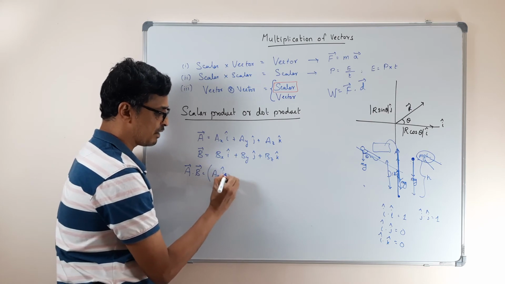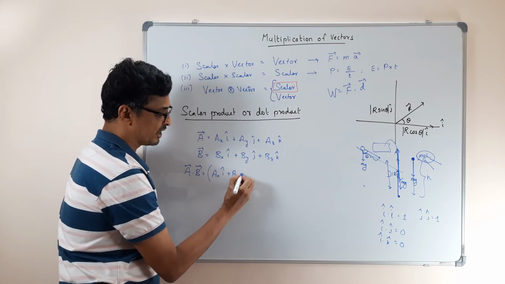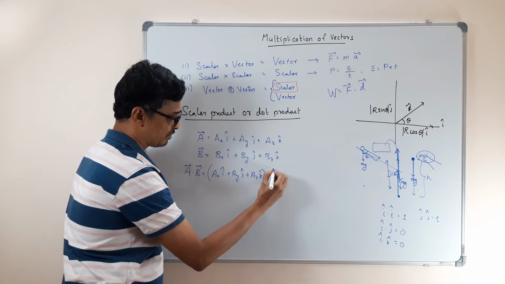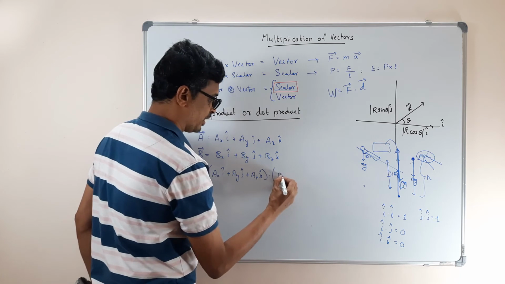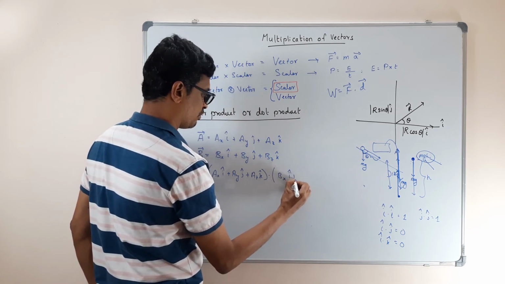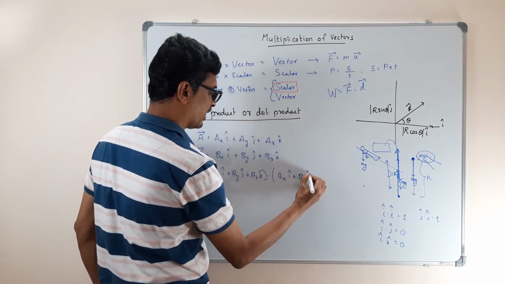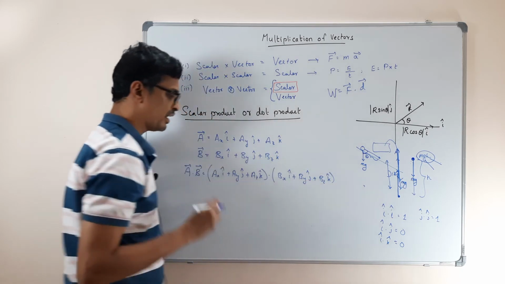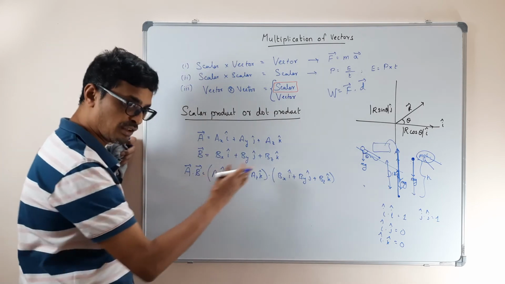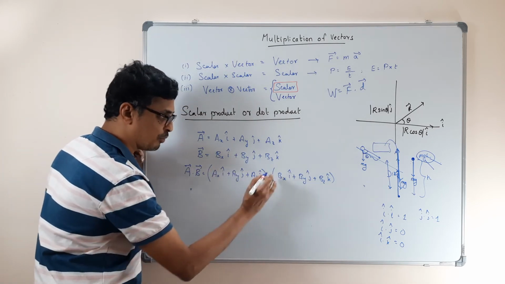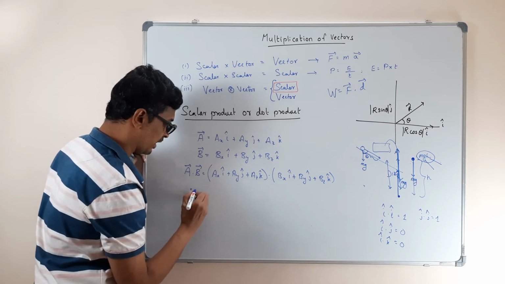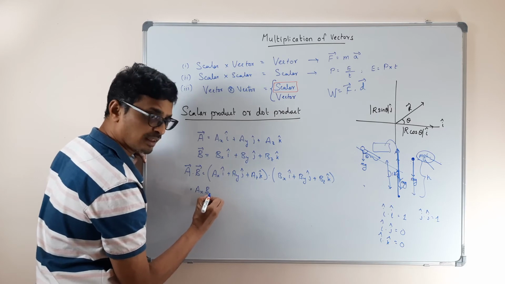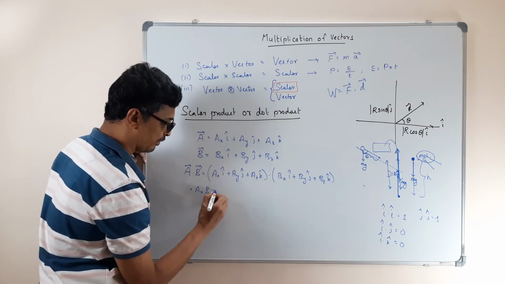Ax i cap plus Ay j cap plus Az k cap, dot product of Bx i cap plus By j cap plus Bz k cap. We know the distributive law works, right? So we have to multiply component by component. Ax, Bx, the magnitudes you can simply multiply, i cap dot i cap.